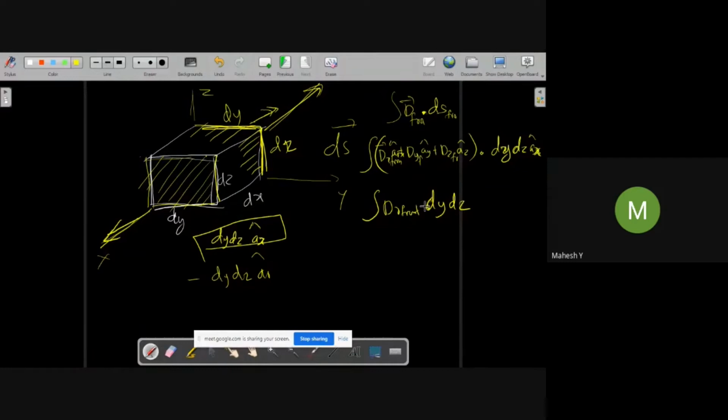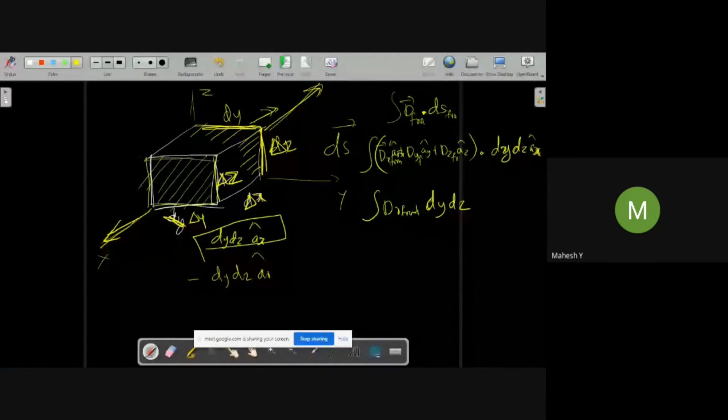Okay, for simplicity, so as not to confuse with the differential elements, we will consider dy as delta y, dx as delta x, and dz as delta z. I am not using differentials here because we will use differential terms later. So to avoid the confusion, I will use delta y and delta z here.